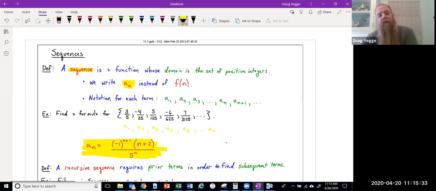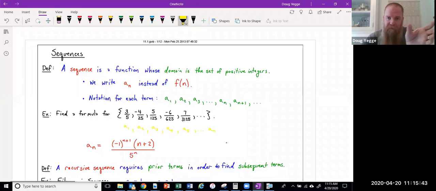Okay, so the way that these are different than functions is that functions are often defined for whole spans of numbers, or often defined for all real numbers, while sequences are only defined for the positive integers. Okay, and so a sequence is nothing more than just a set of numbers that follow a particular pattern.